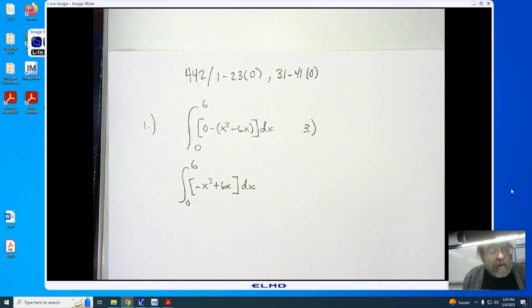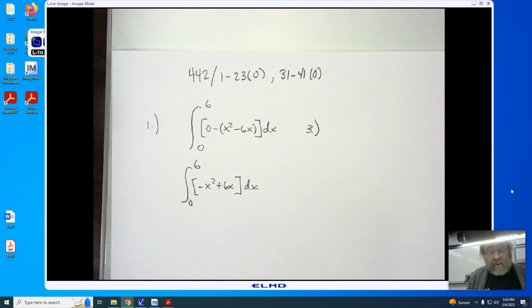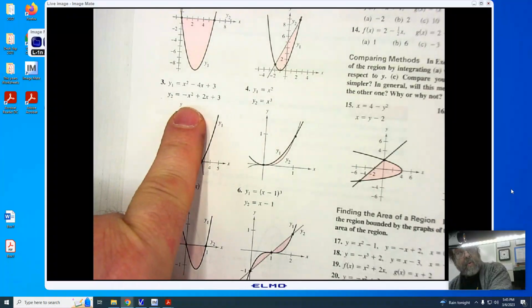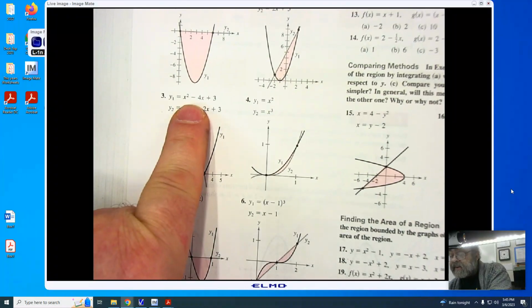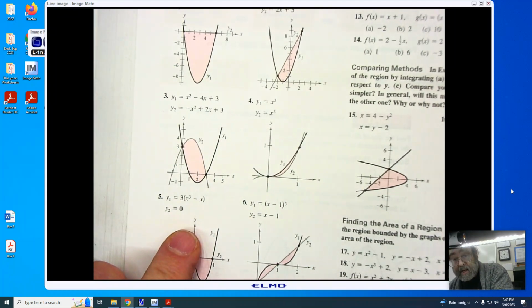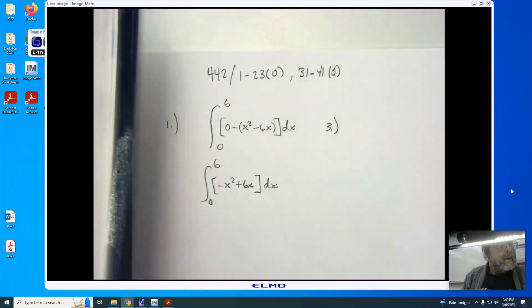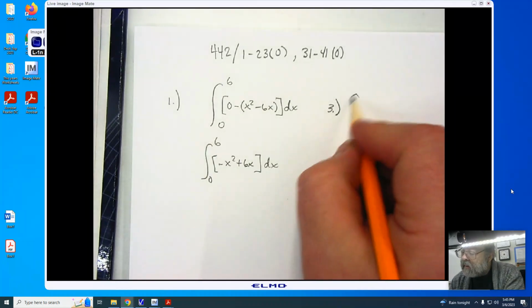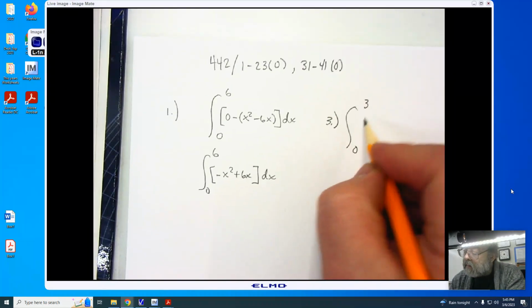Number 3. Let's take a look at number 3 again. That was the one that had the two quadratic equations. So we're working with the first quadratic equation minus the second. So y2 minus y1 is the orientation. So in number 3, we are starting from 0 to 3.